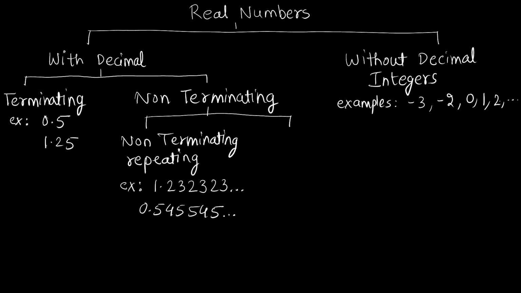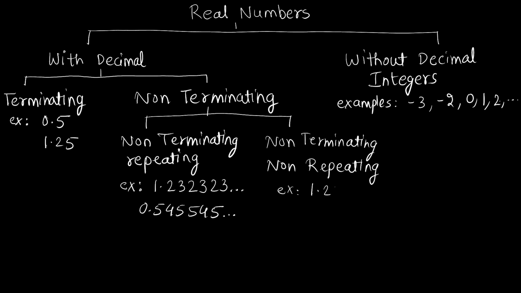Now the other classification under non-terminating is non-terminating as well as non-repeating, which means the decimal expansion will neither terminate nor repeat. We can write it, let's say, as 1.234567 and so on.